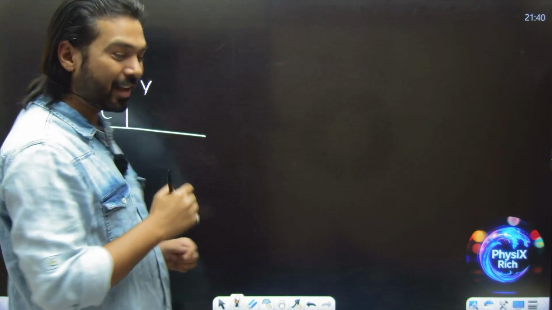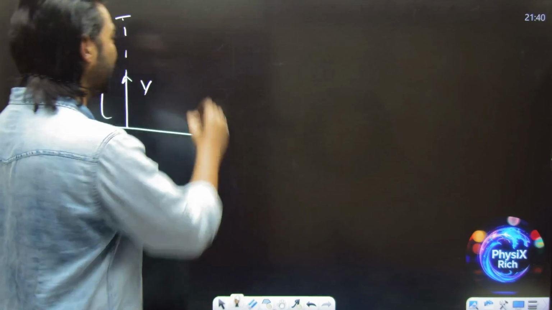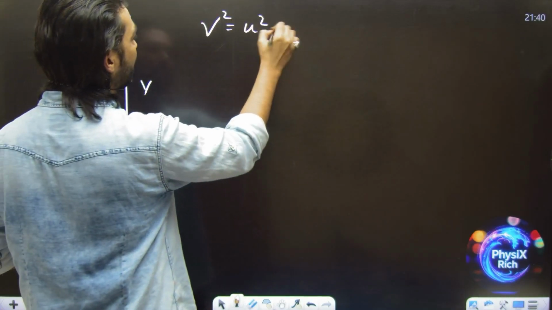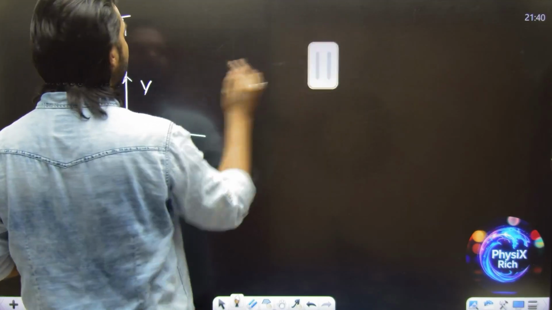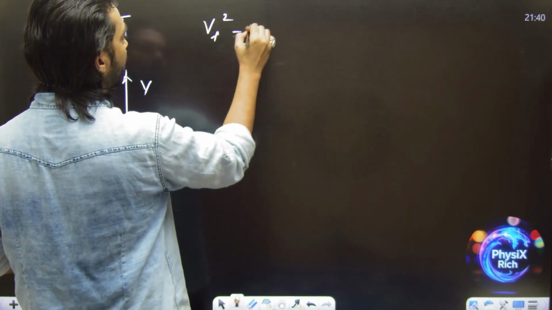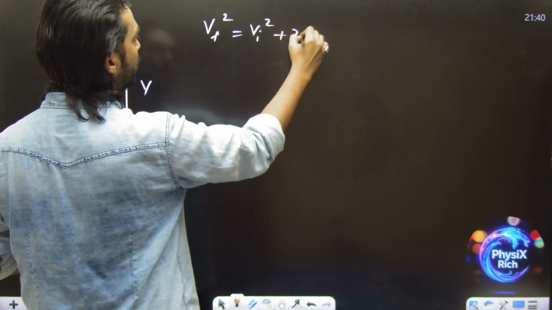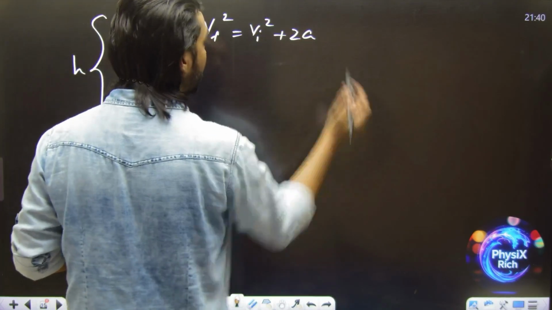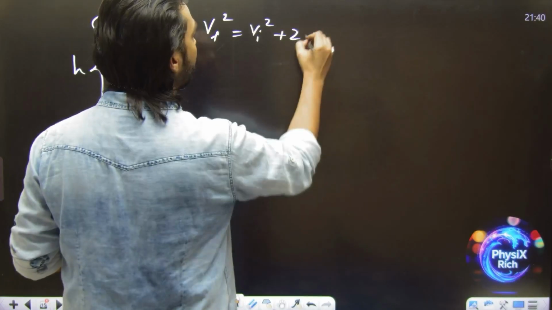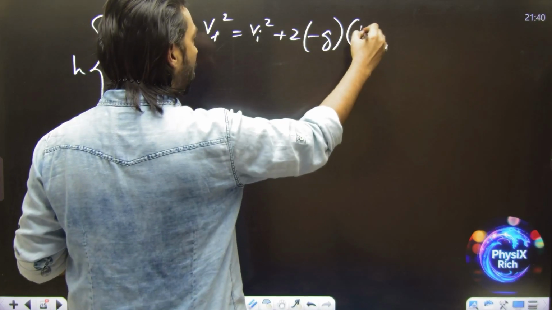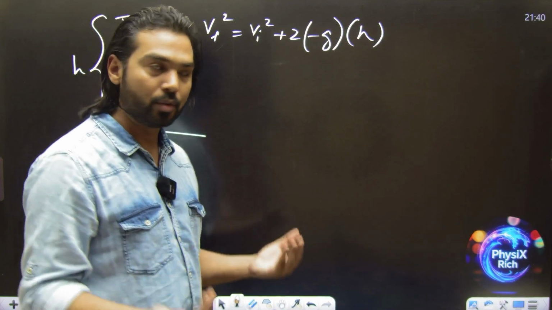And how do we find that? Now this you can find using the third equation of motion, which is v square equals u square plus 2as, or rather I should write it as Vf square equals Vi square plus 2as, or in fact not s but h, and not a but minus g, because this is acceleration due to gravity.